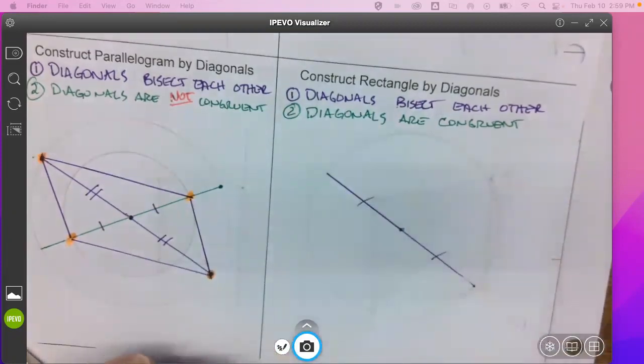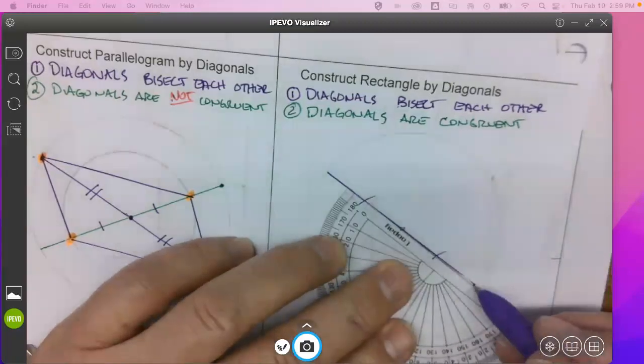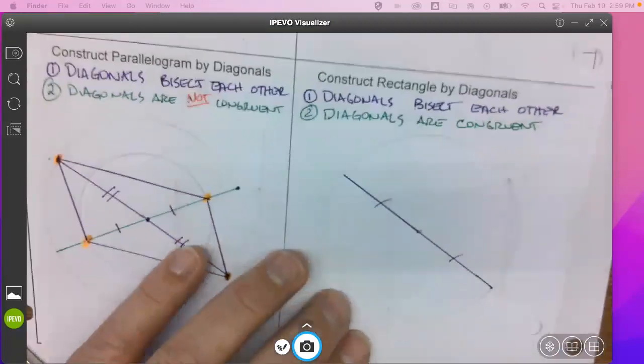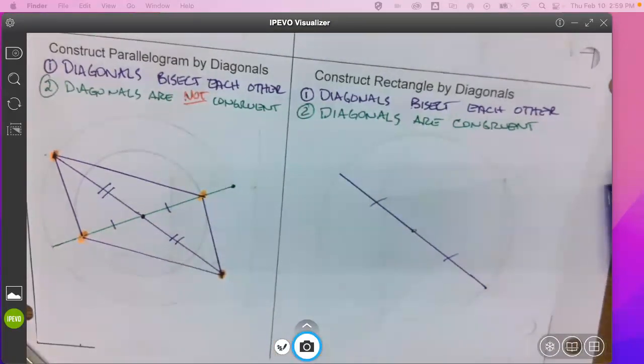And that one's bisected, right? What do I do for the other one?